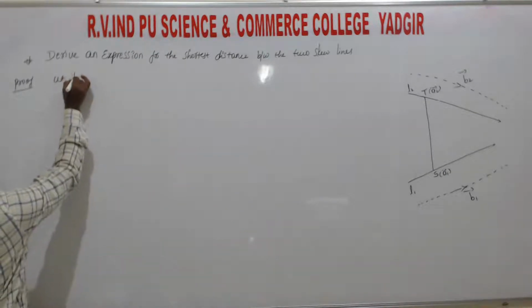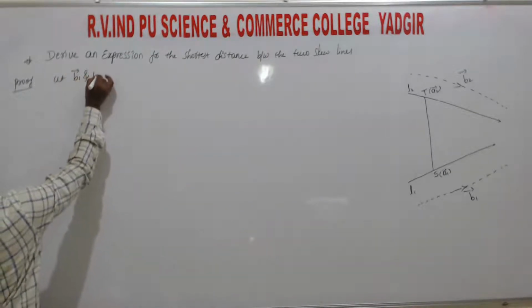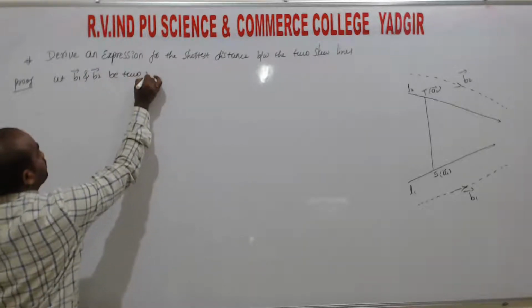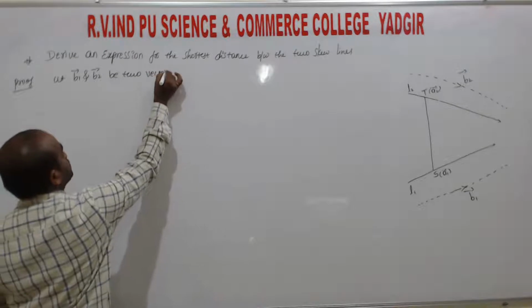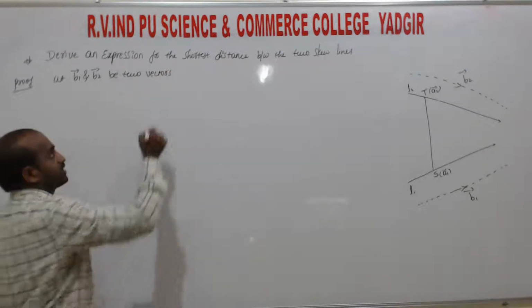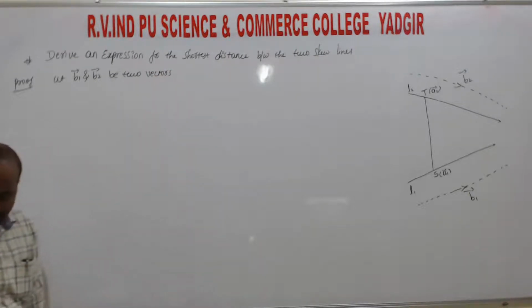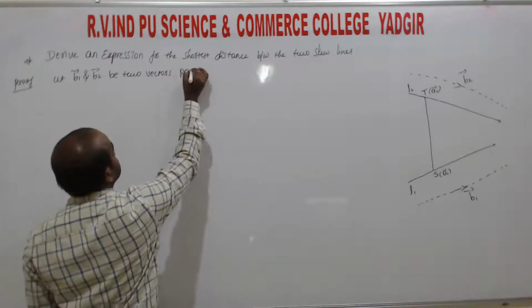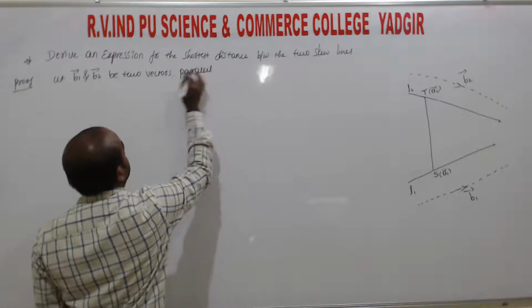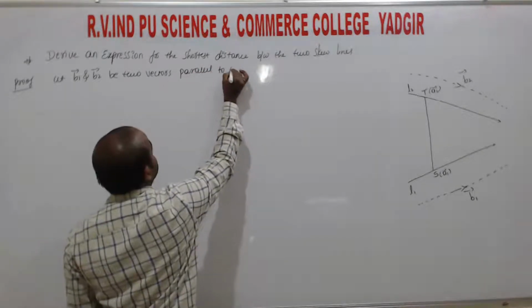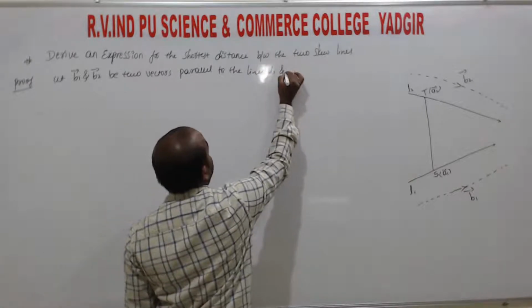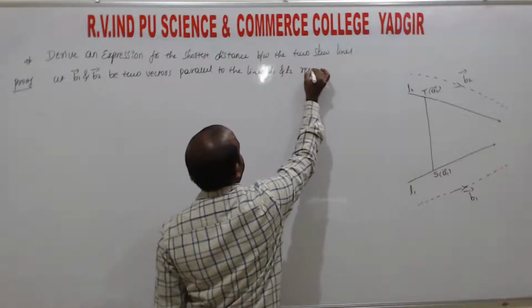Let B1 vector and B2 vector be parallel to the lines L1 and L2 respectively.